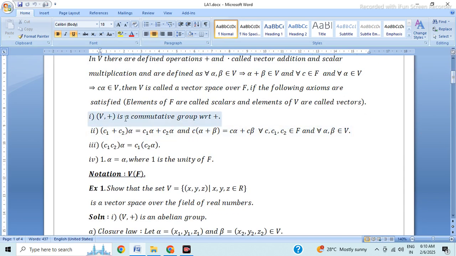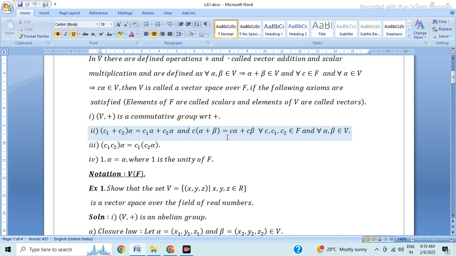That means commutative group. What are the conditions it should satisfy? Closure law, associative, existence of identity, then existence of inverse, then last one commutative law. Then second condition: (C1 plus C2) into alpha is C1 alpha plus C2 alpha, where C1 and C2 belong to F, the scalars, and C into (alpha plus beta) is C alpha plus C beta.